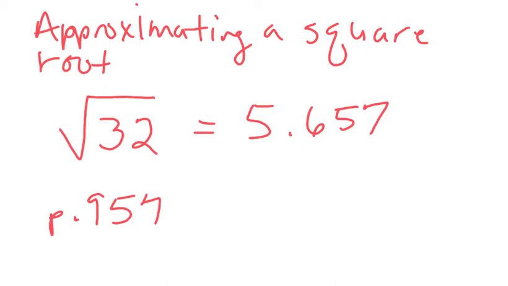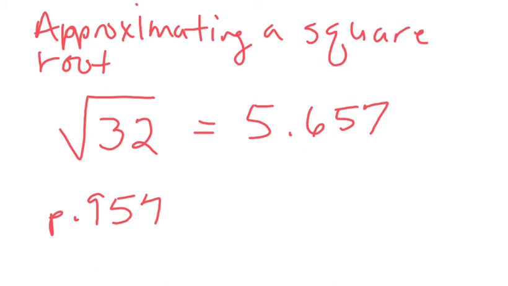Now, in our book, when it asks us to approximate a square root, it will always say, approximate a square root to the nearest integer, or to the nearest tenth, or to the nearest hundredth. It's telling you where to round it.